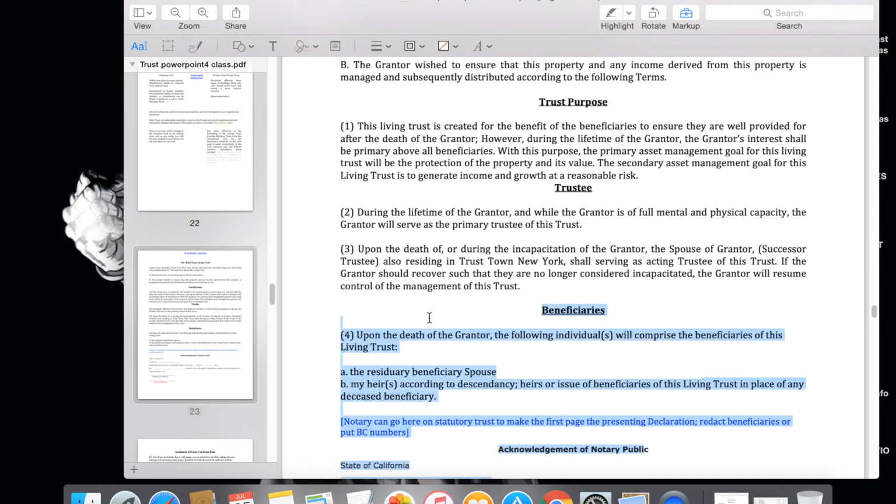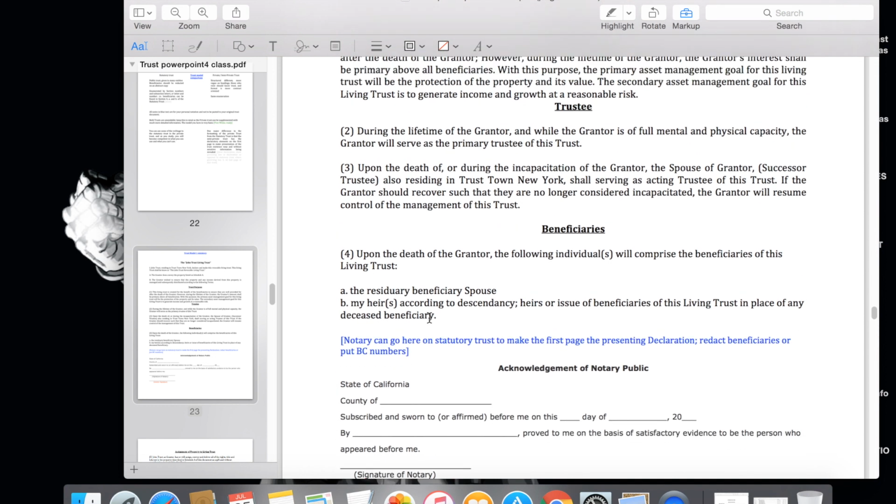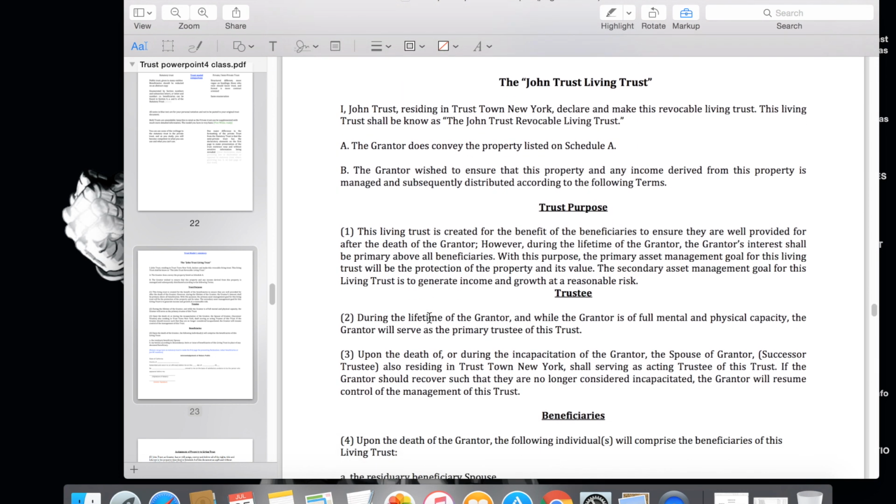For example, you need to have your intent, you need to have a trustee with duties, you need to have beneficiaries, and you need to have a conveyance of property. This first page covers all of those provisions, all of those prerequisites. Therefore, this page can serve as a declaration, a comparable declaration that there's a valid trust.